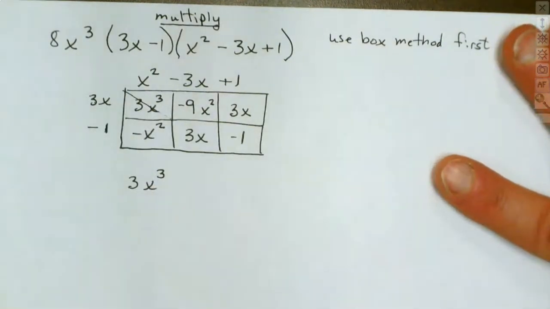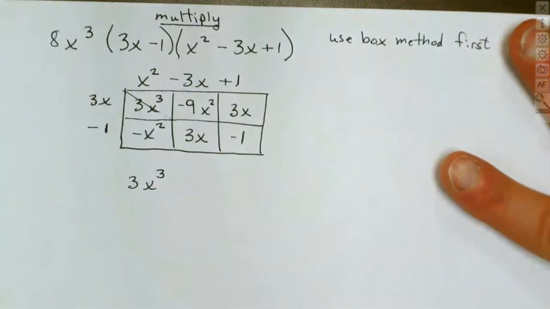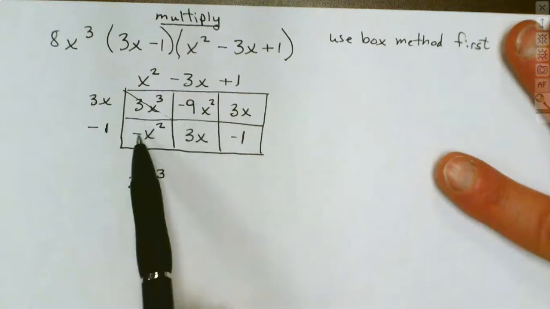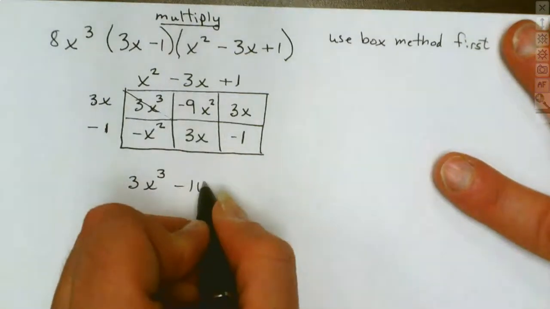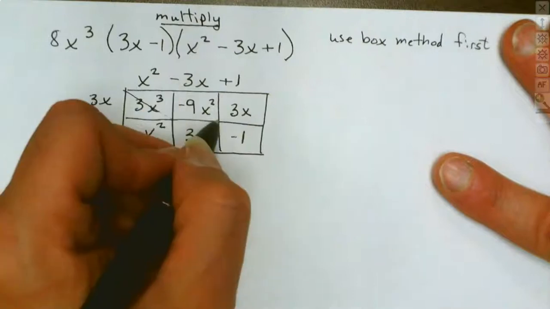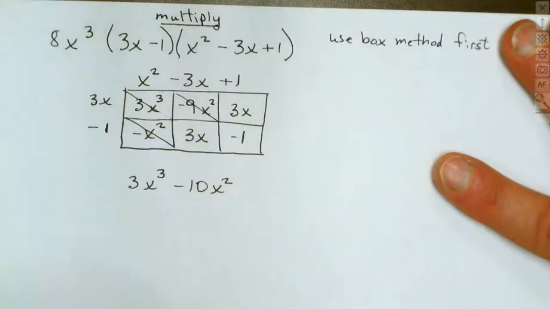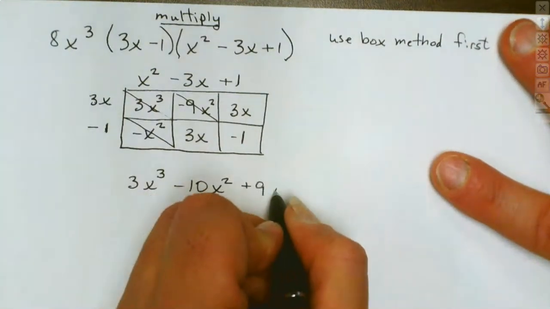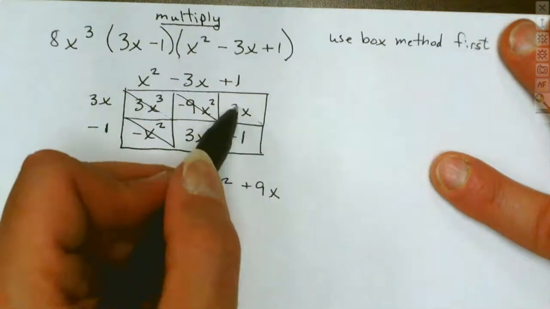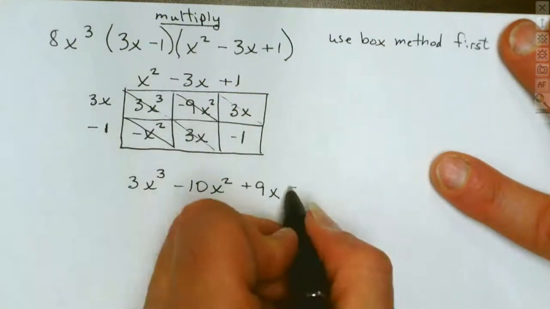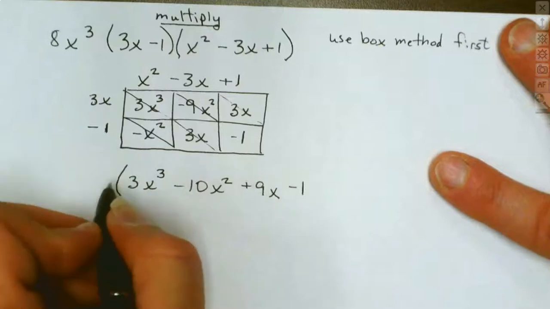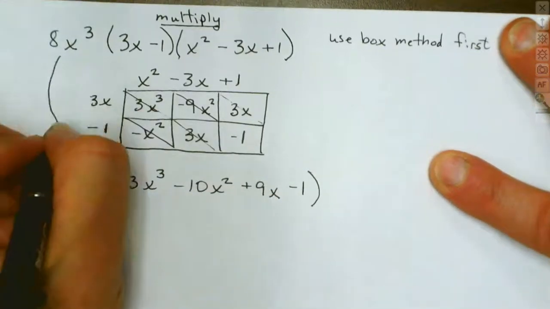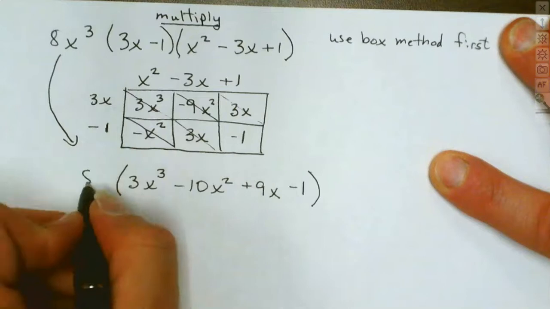Okay, so that one comes down. Minus 9 minus 1 makes it minus 10x squared. 3x and another 3x, that makes it 9x and a minus 1. And don't forget, what do we do with that 8x cubed? Simply bring it down.